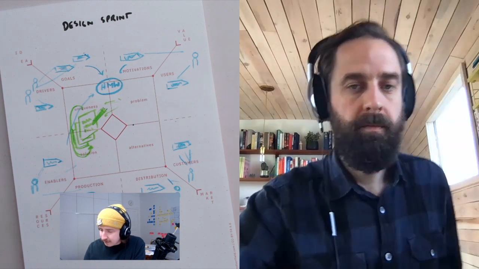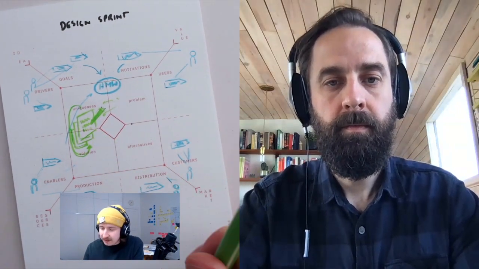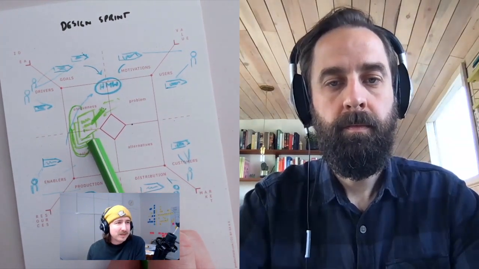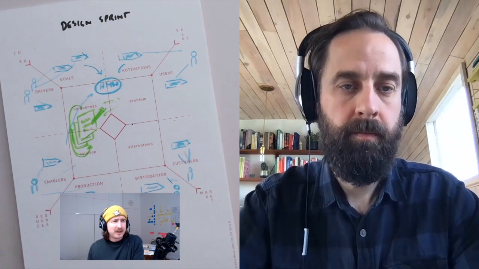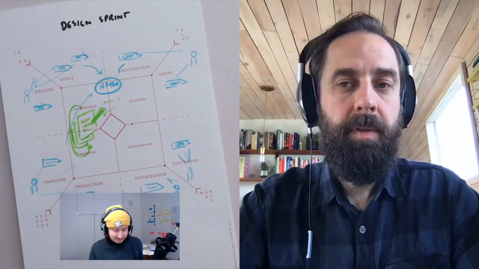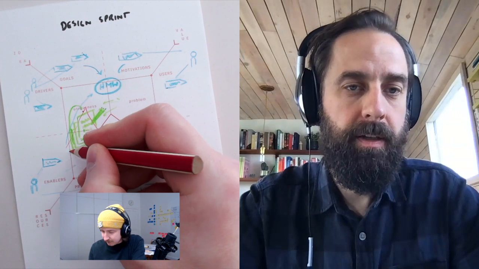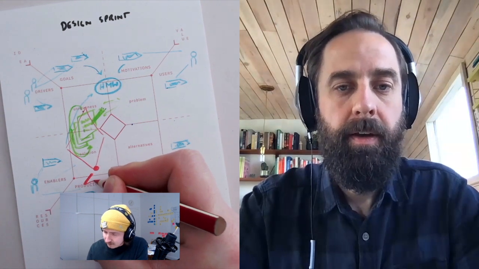Okay, so here's the How Might We as the target for the sprint, and then here in green are a lot of solution explorations. What happens on a Wednesday? On Wednesday, you switch from the diverge to the converge phase, and you decide which possible solution or idea is the best.